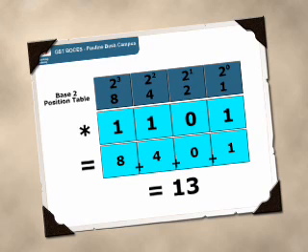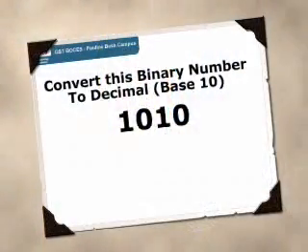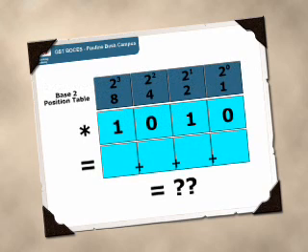Since this may be your first exposure to binary, I felt a little practice may be in order. In the next few examples, pause the video if you need some time to follow along. Let's convert the following binary number to its decimal equivalent. The number in the example is 1010. First, place the number in the table that contains the position values.